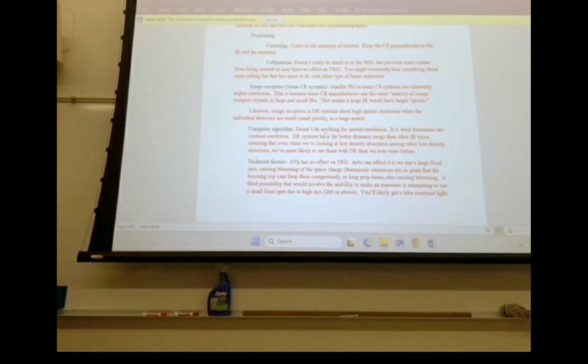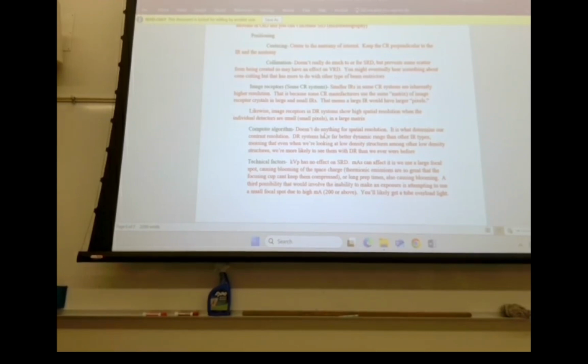I'm not saying that KVP and mass have no effect, but they only really have an effect in the extreme. So unless you really mess something up, your technique is going to result in a good image. So if you get anywhere in the ballpark, and it's a pretty big ballpark now, your image is going to show up looking good.